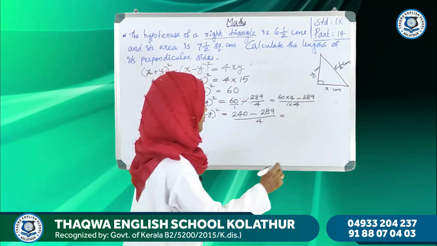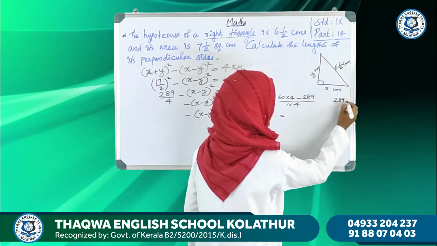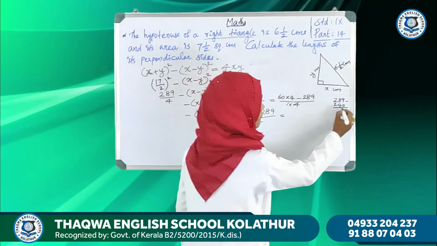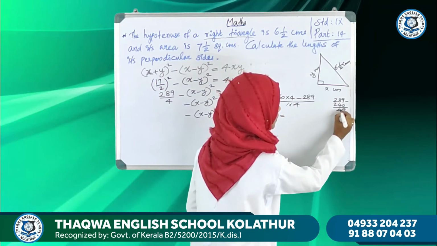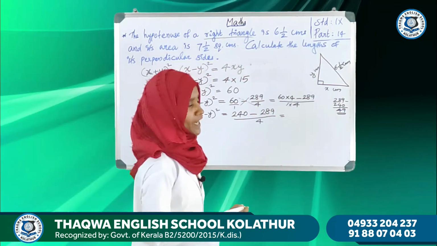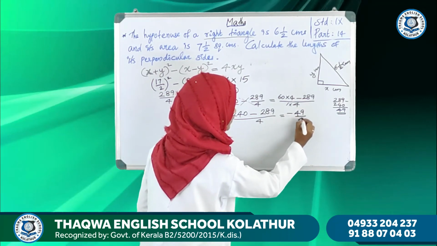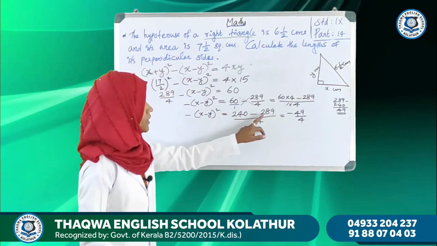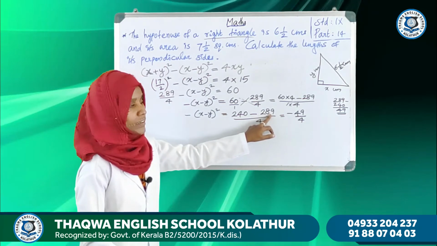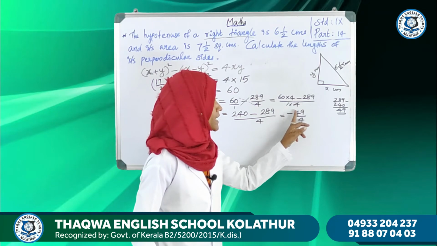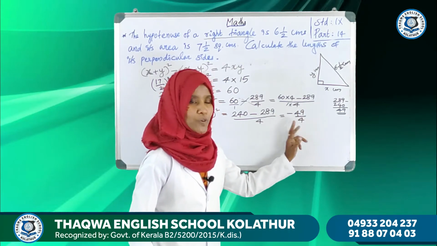This is 289 minus 240. What is the value? 49. That is minus 49 by 4. Here 289 is greater than 240, so put a negative sign. Minus 49 by 4.